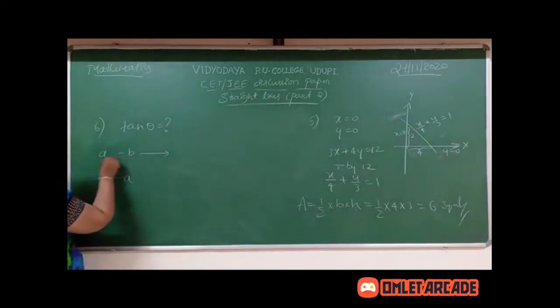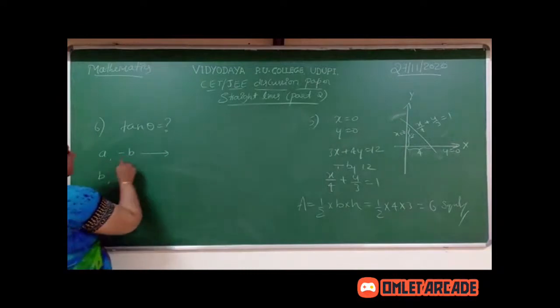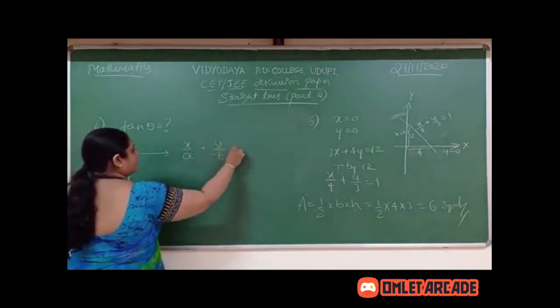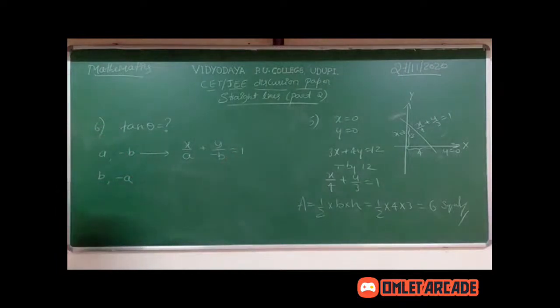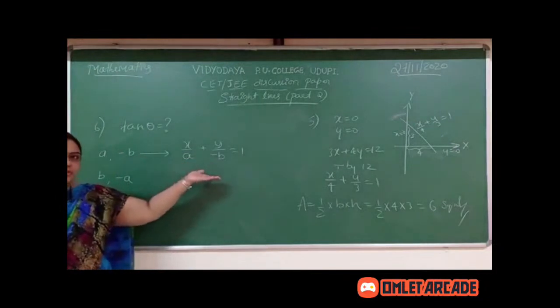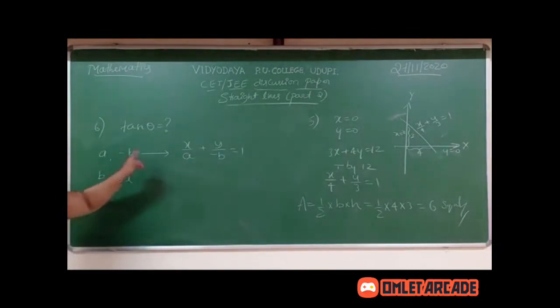So these 2 are intercepts on axis of first line. Can I write the equation as x by a plus y by minus b is equal to 1? Is it fine? If you know the intercepts, you know how to find the equation. In place of b, I have taken minus b since it is given.